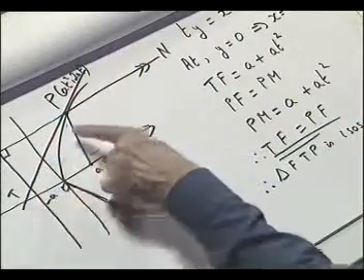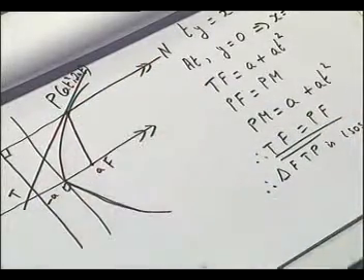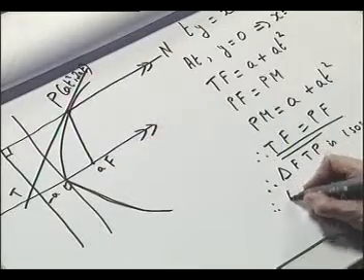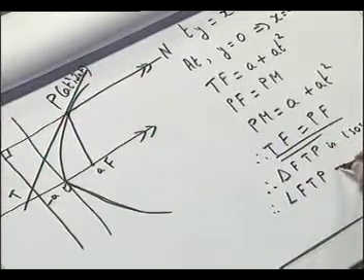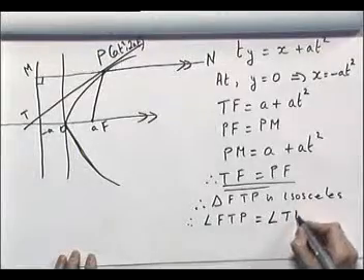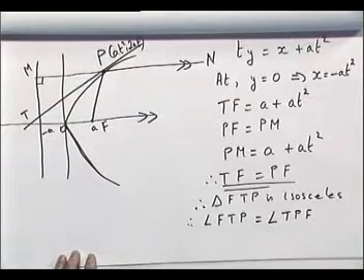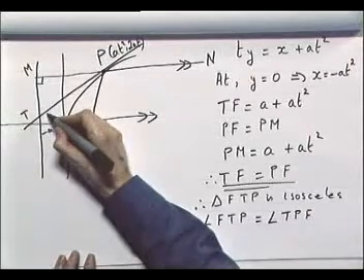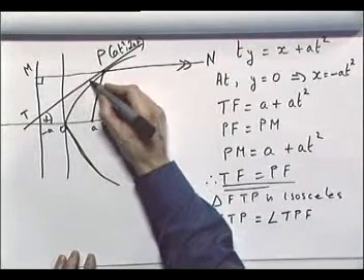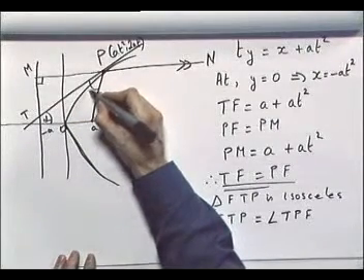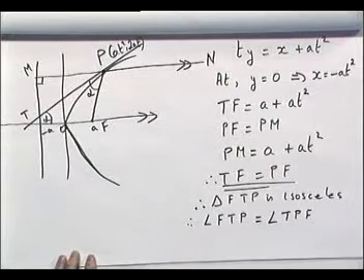So that angle has to be equal to that angle there. Therefore, the angle FTP is equal to the angle TPF. Let me just mark those. That angle there is alpha, and that angle there is alpha.